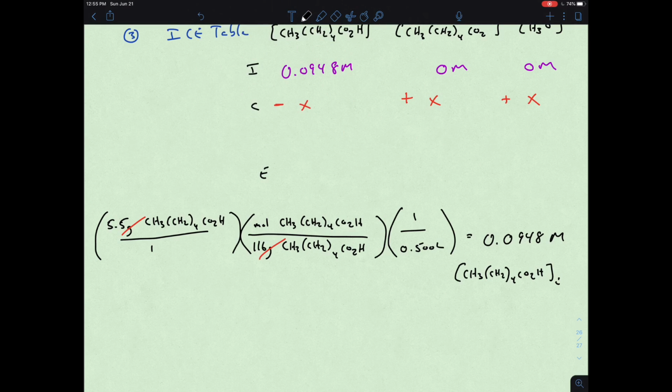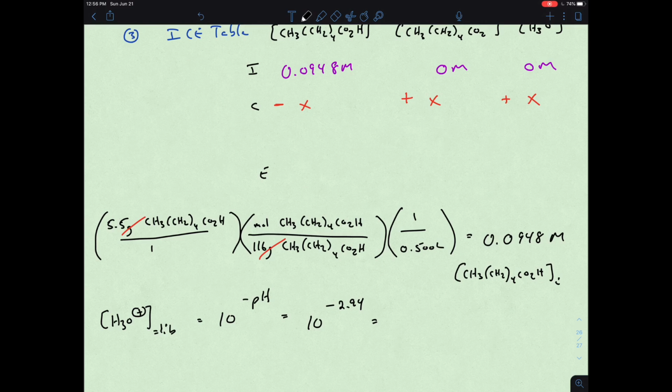We have an angle on X as well, because we can solve for our hydronium ion concentration at equilibrium by taking 10 to the minus pH. So we would take 10 to the minus 2.94.